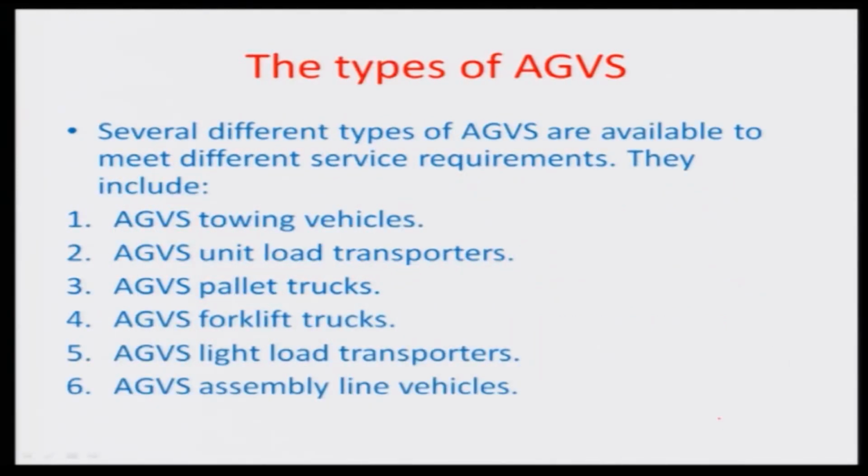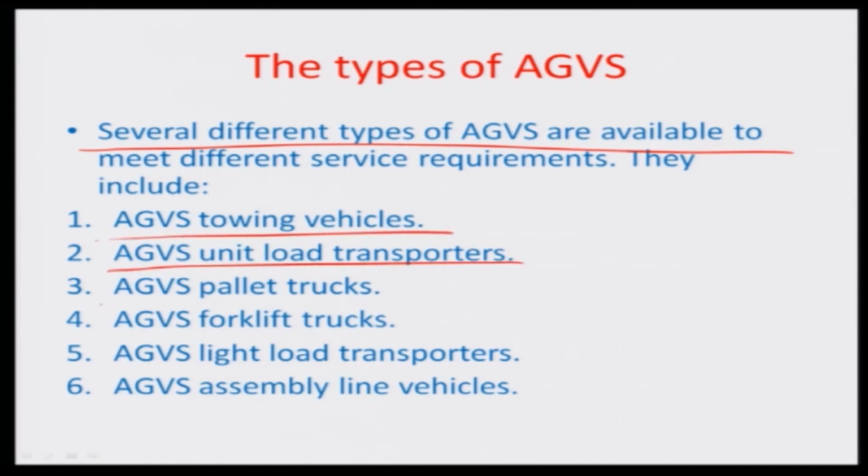There are several different types of AGVs which are available to meet different service requirements. They include AGV towing vehicles, AGV unit load transporters, pallet trucks, forklift trucks, light load transporters and assembly line vehicles. So, these all form part of the automated guided vehicle system category.